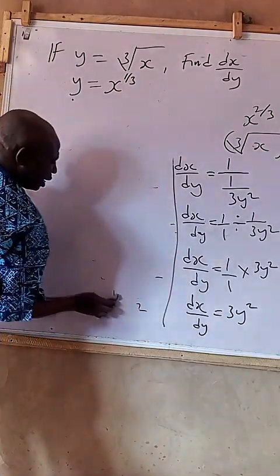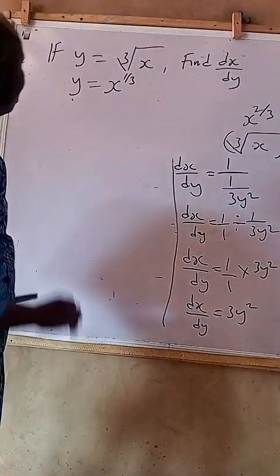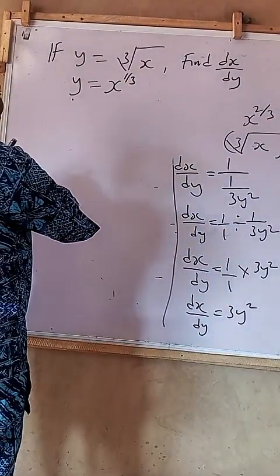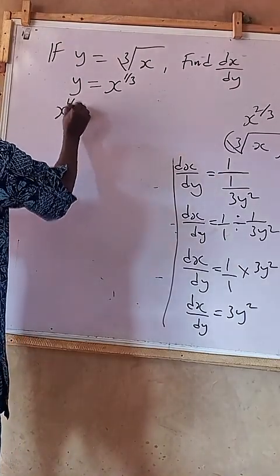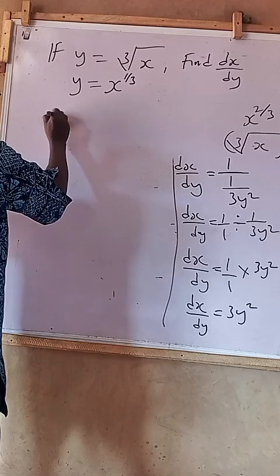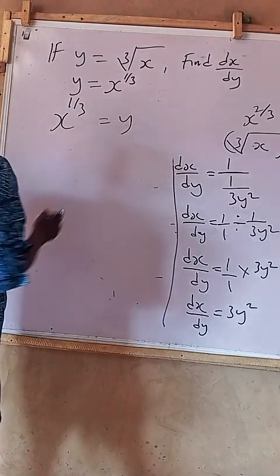We want to make x here the subject of the formula, which means you have x raised to 1 over 3, x raised to 1 over 3 equal to y.